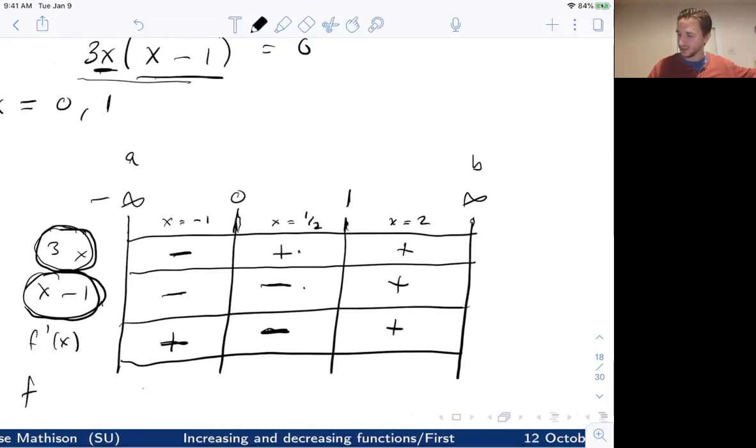So if I sketch just a very rough sketch of what f is doing on these intervals, from minus infinity to 0, f is increasing, right? f prime is positive there, so f is increasing. From 0 to 1, f of x is decreasing. And from 1 to infinity, f is increasing again, right?